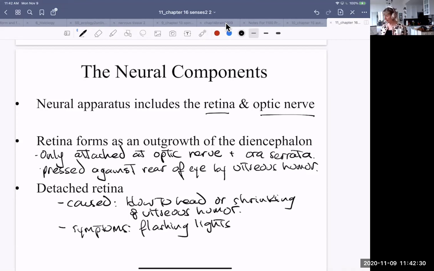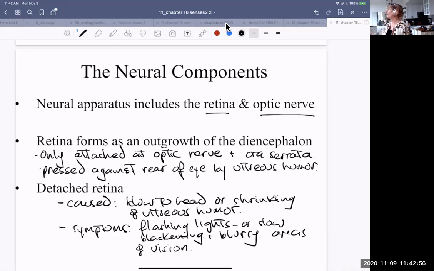And sometimes, if it's a severe one, it can be like a curtain is crossing over the front of the eye as it's detaching, and blurry areas of vision. So you may be looking out there at something, the trees, or something on the wall, but part of it is blurry. Not the whole thing, part of it is blurry.